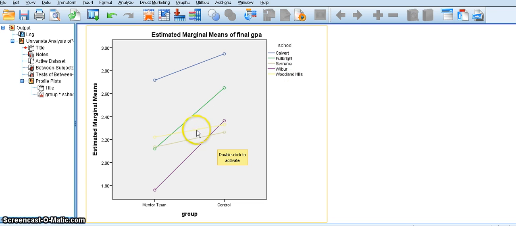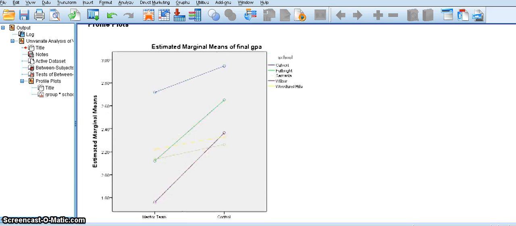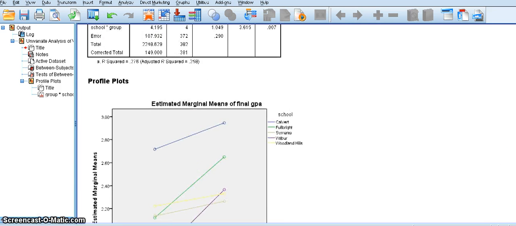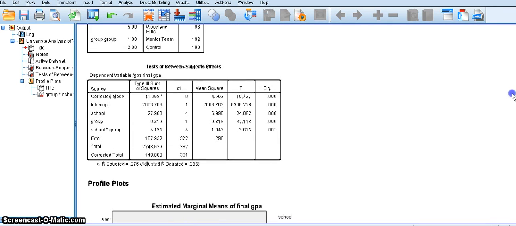The other two schools are almost flat, so there's almost no difference between the mentored and the control group. Because of these different slopes, and they're very different, steep versus almost flat, that leads us to think that there is an interaction, or there are significant differences across those patterns based on the school and the group variable.